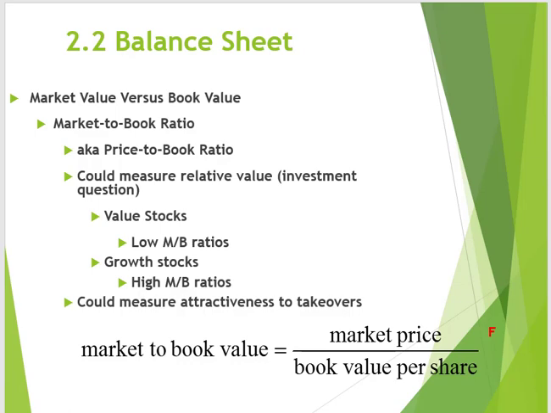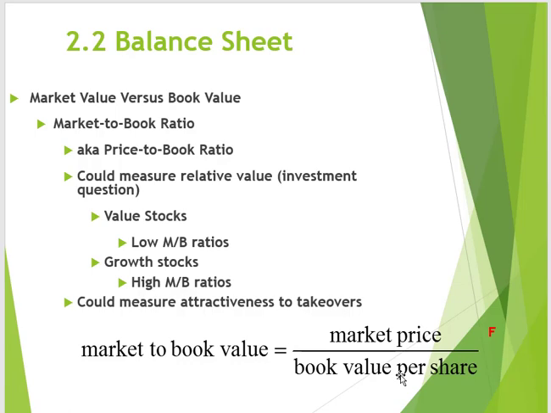But again, the formula is you take the market price divided by the book value of the company. Now, the book value of the company, as I said, is the accounting value. Market price is the market value. Would you want your stock to have more value in the marketplace than what the accountants have on the balance sheet? And of course, that answer is yes.